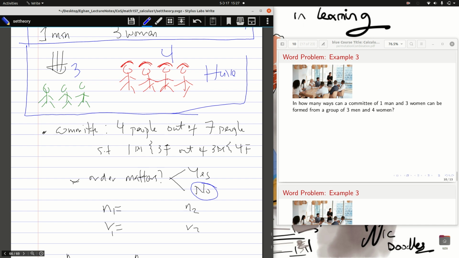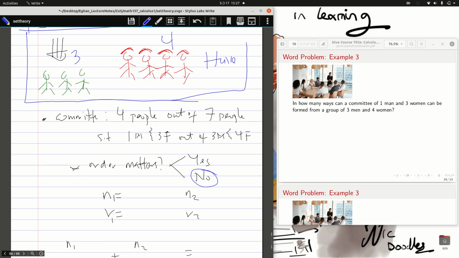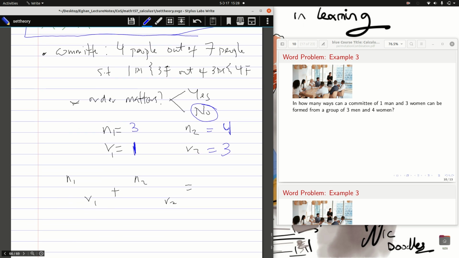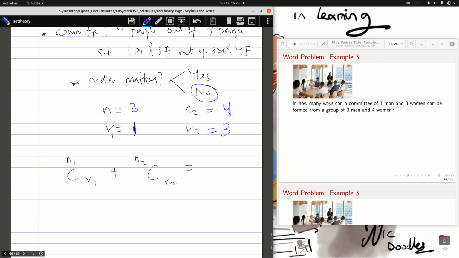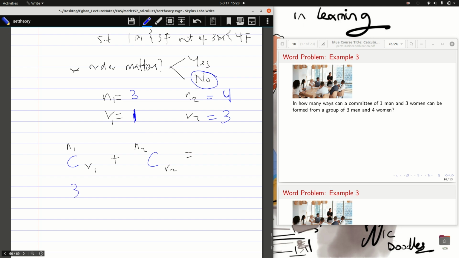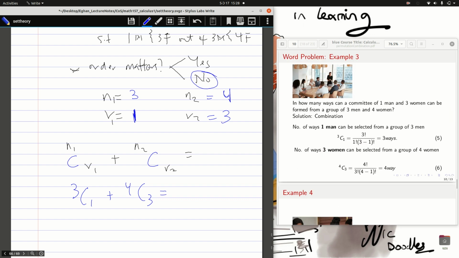But this is not straightforward, as you see, because in the first case I have 3 men but I want 1 man. In the second case I have 4 women but I want 3 women. So there is some summation of combination here. So n1 combination r1 plus n2 combination r2, that is 3 combination 1 plus 4 combination 3, and then you can find your answer.